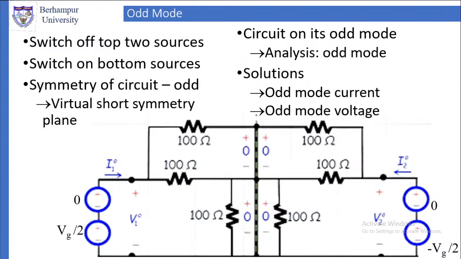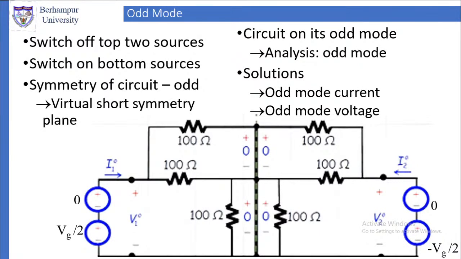Now the symmetry of the circuit is odd, because on the left hand side we have a positive source, and on the right hand side, the port 2 side, we have a negative source. So the symmetry of the circuit is odd. This odd symmetry gives us an odd mode circuit.